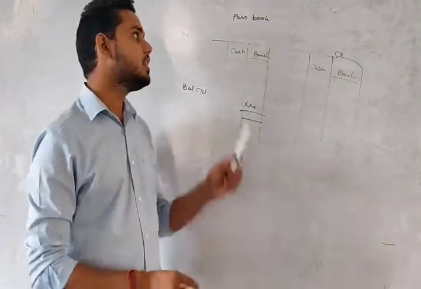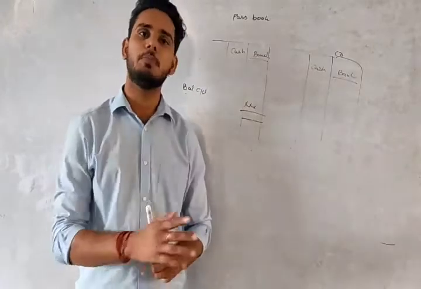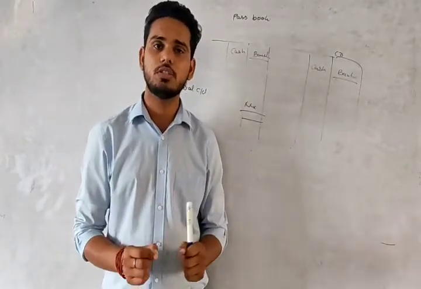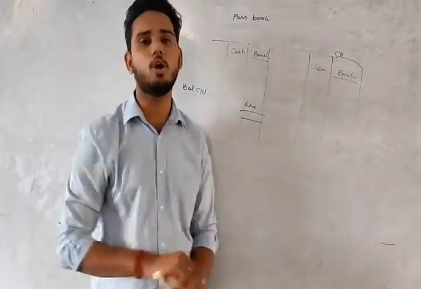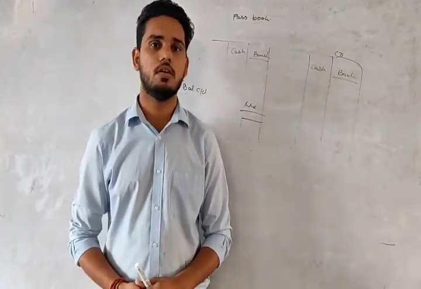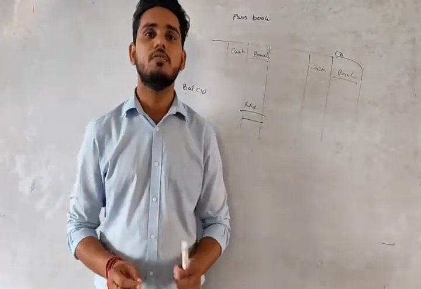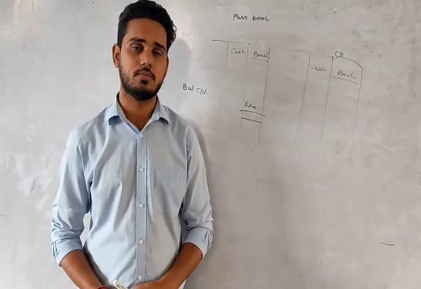But the difference is, the cash book is prepared by us, the passbook is prepared by the bank. But both, whether it is the cash book bank column or the passbook, will show the same balance, because in both places we have recorded the same transactions.